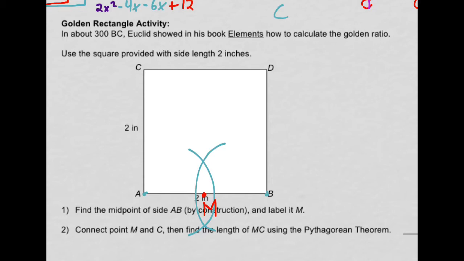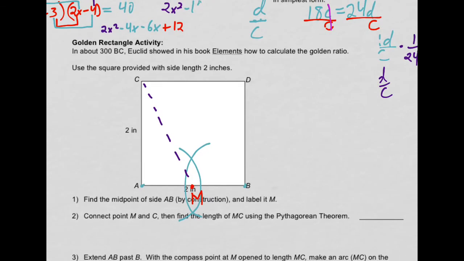So our M and C are going to be that line right there.